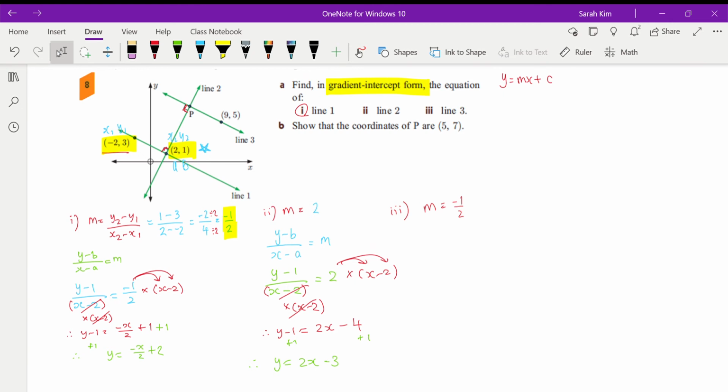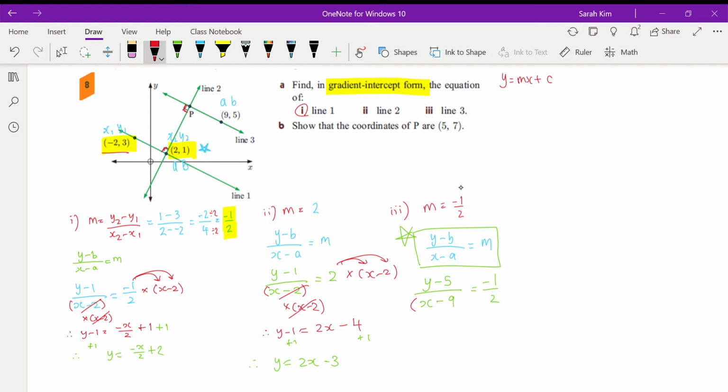So I'm going to use this point, a and b. My y take b over x take a is my m, so I use that formula again. Unfortunately, you do have to remember that formula because it won't be on your equation sheet. That's very important. So y take my b, which is 5, over x take 9 equals negative half.